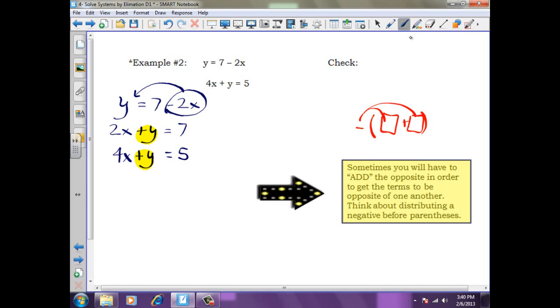So you can choose one of the equations and distribute a negative throughout. So I'm choosing my first equation. I'm going to put a negative outside of the parentheses and distribute that negative to every term inside the parentheses. And it will look something like this. Negative 2x minus y equals negative 7.